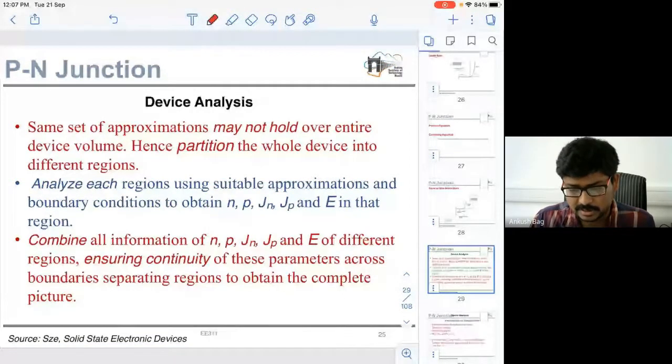When we discussed, I think in last week's Tuesday class, how diffusion of carriers is primarily responsible, and by applying the bias we are simply reducing or increasing the potential barrier for both electrons and holes.